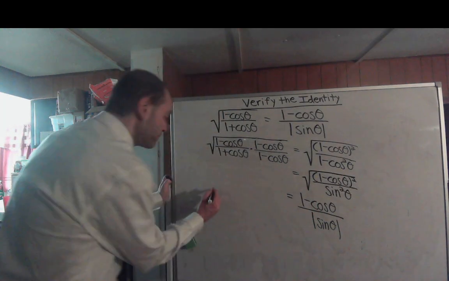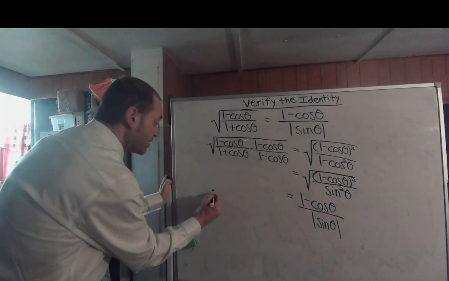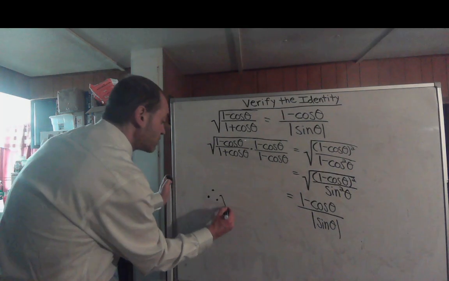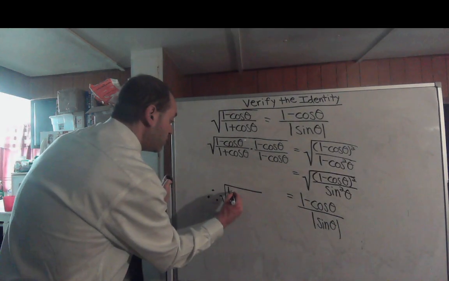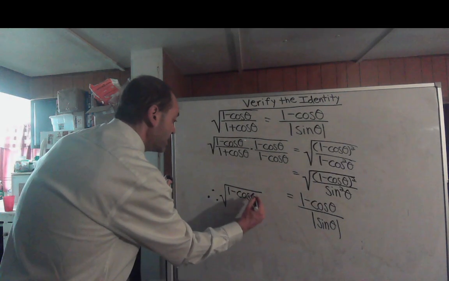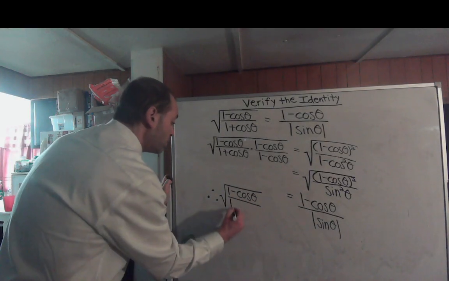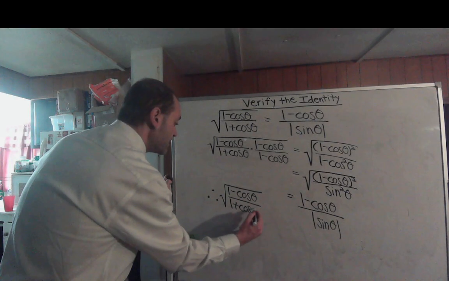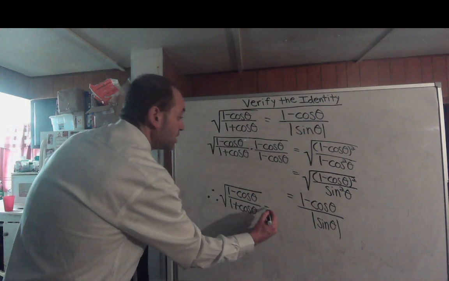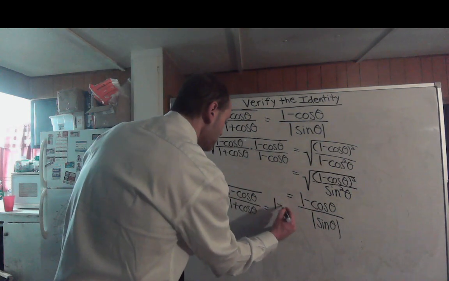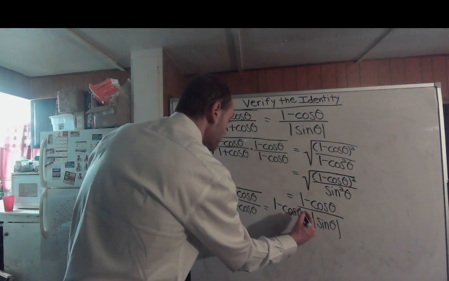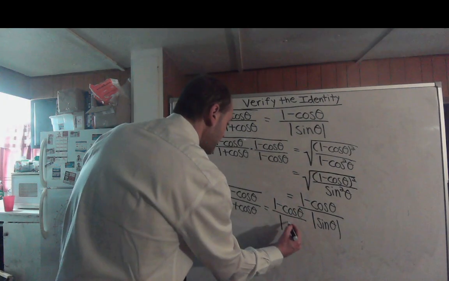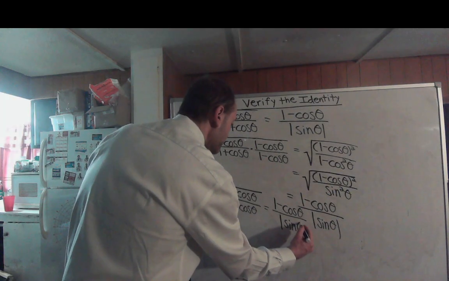So, therefore, we can say that the square root of 1 minus the cosine of theta all over 1 plus the cosine of theta equals 1 minus the cosine of theta all over the absolute value of the sine of theta.